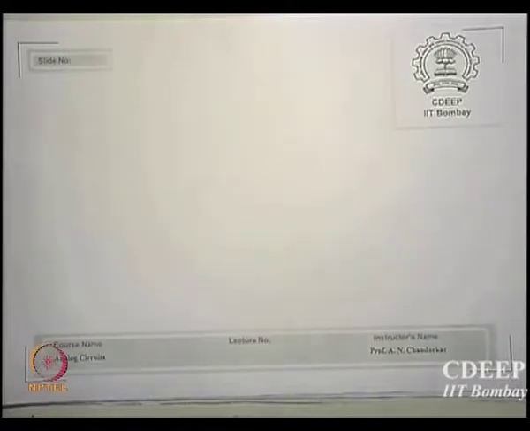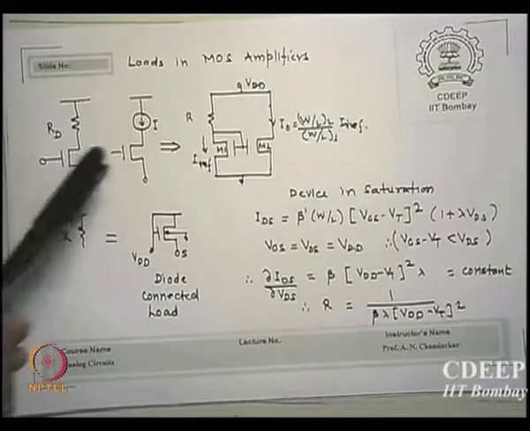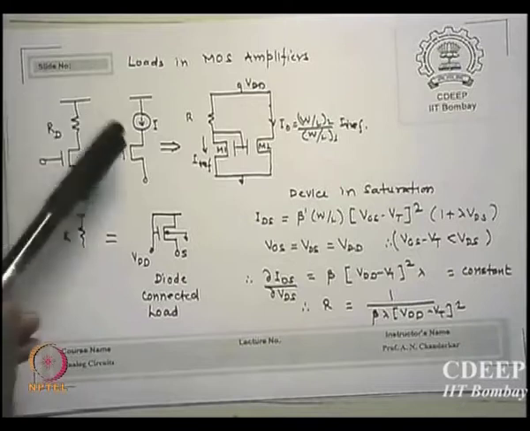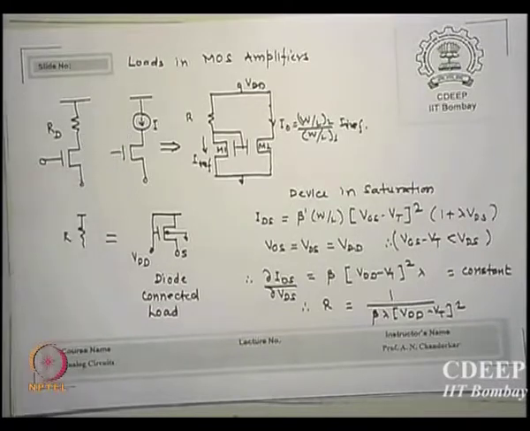Just now I said different kinds of loads, some of them I showed, some others can also be shown here. This RD can be replaced by a current source. Since you say RD is higher, for a current source, is the output resistance higher or lower? Higher. If it's a current source, the output resistance is very high.